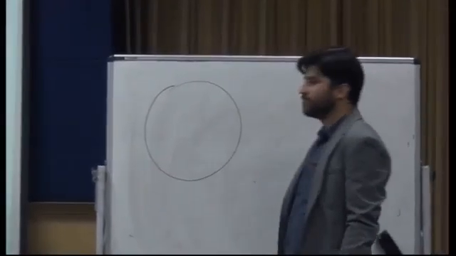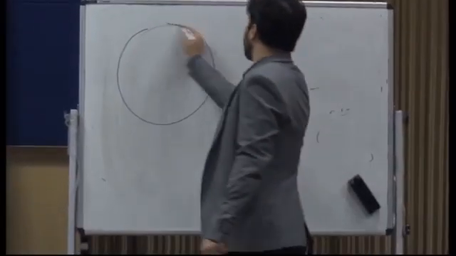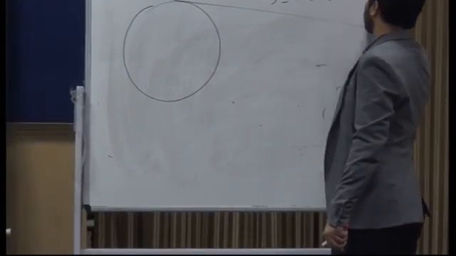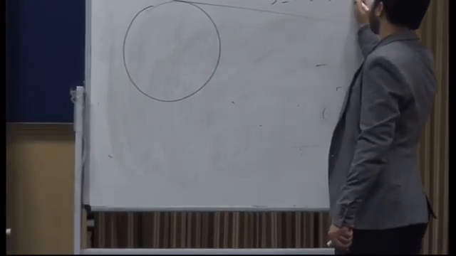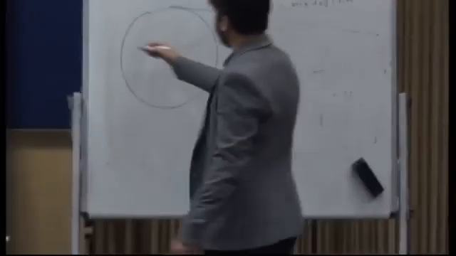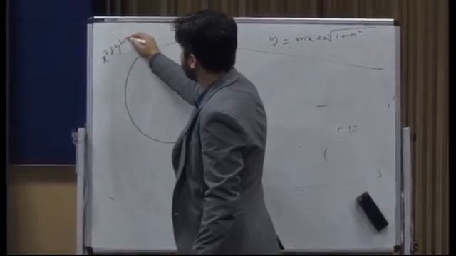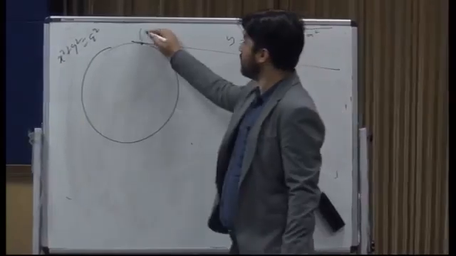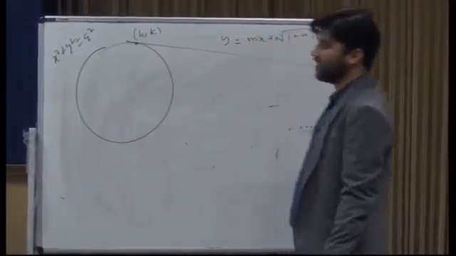This is your circle. This is your tangent. Y is equal to, यही है ना? And equation of circle is, now I have to find this point, right? That is h, so I have to find h, k.